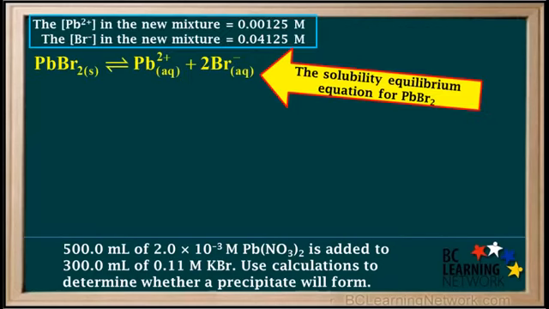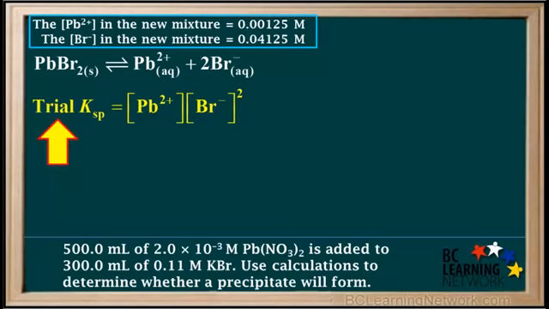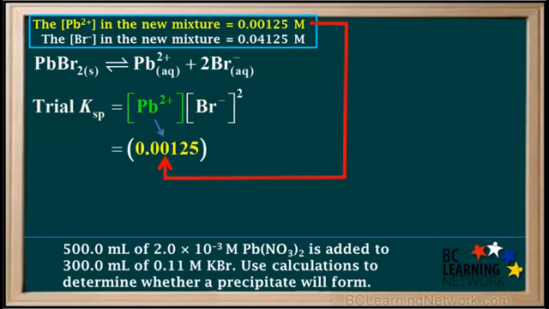In order to determine the trial KSP, we start by writing the solubility equilibrium equation for lead-2 bromide, PbBr2. We use this to write the KSP expression for PbBr2 here. Because we're using concentrations of Pb2+ and Br-, which are added to a new mixture, but are not at equilibrium, we call this a trial KSP. We substitute 0.00125 for the concentration of Pb2+ in the trial KSP expression.